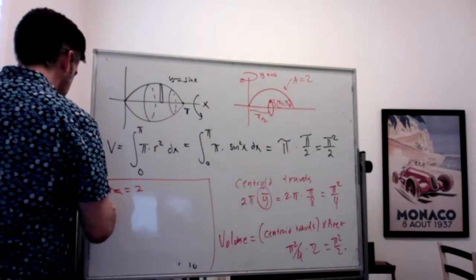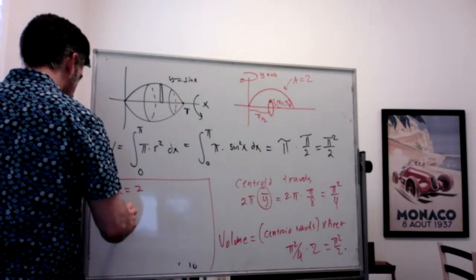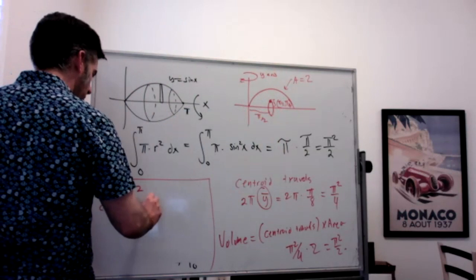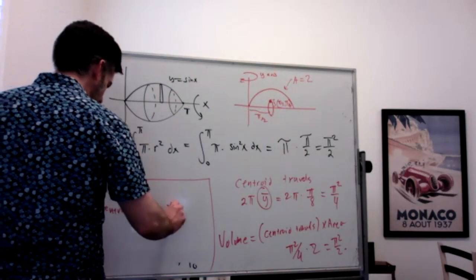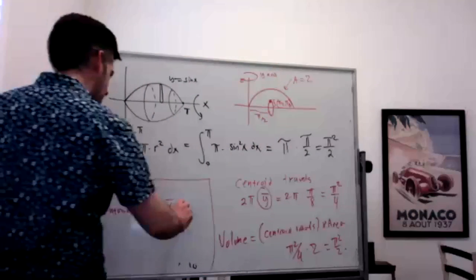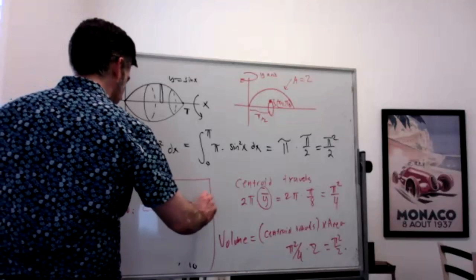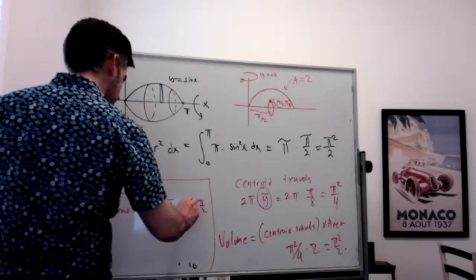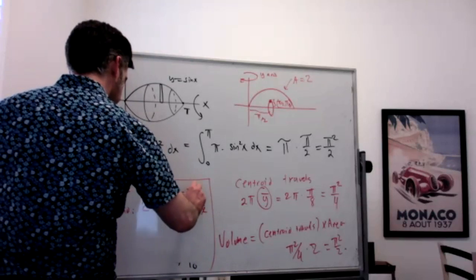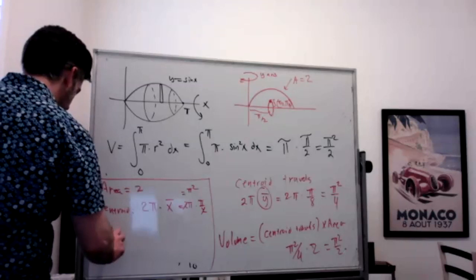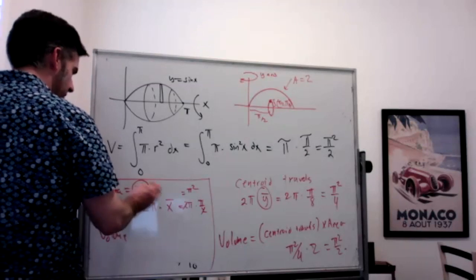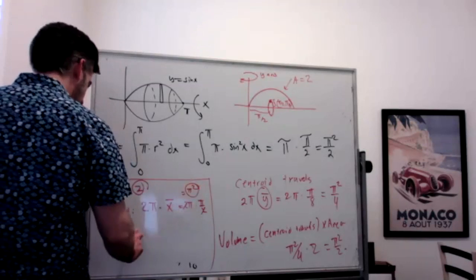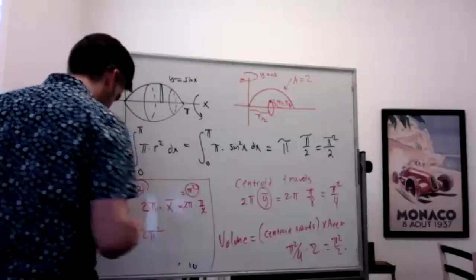So the centroid is going to travel 2 pi times x bar, which is 2 pi times pi over 2, which is pi squared. So then the volume is going to be the area times how far the centroid traveled, which is going to be 2 pi squared.